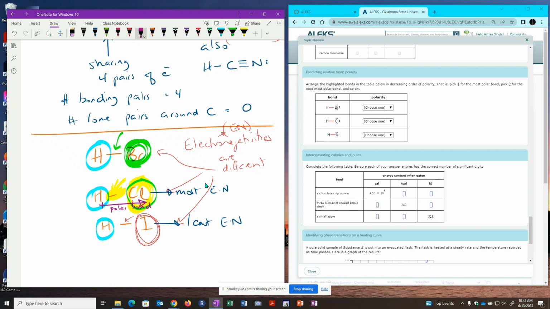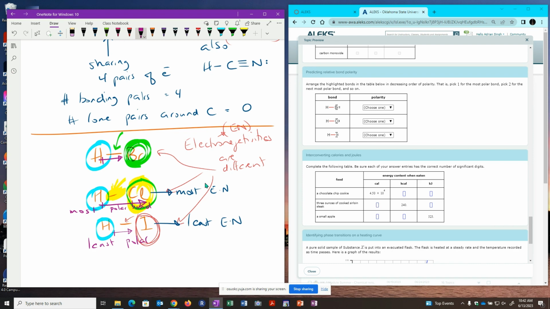Chlorine is more electronegative than all the others, so out of the three, this is going to be the most polar. In the case of the iodine connected to the hydrogen, yes, the iodine is more electronegative than the H. However, it is less electronegative than the chlorine. So it is going to pull in the electrons, but maybe not as strongly as the chlorine would. So this would be the least polar bond. And then intermediate would be the bromine hydrogen bond.